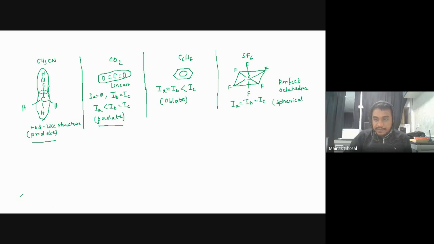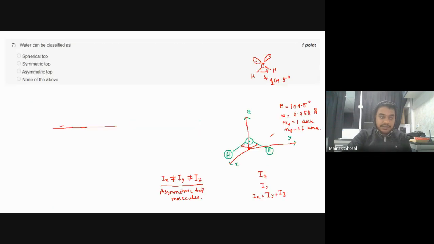Exactly, spherical top. So you can see among the four molecules that are given, two are prolate, one is oblate, another is spherical top.